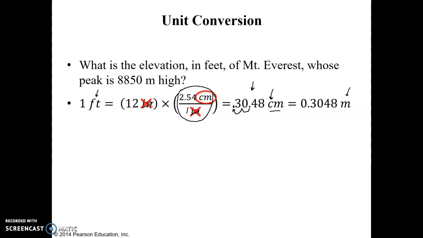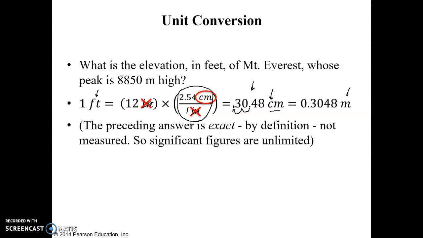Now, a quick word here on significant figures. As I said, this right here is officially what an inch is equal to. It's exactly 2.54 centimeters. That's not a measured quantity. It is an exact, precise value. So we could almost think of this as 2.54000000 indefinitely.